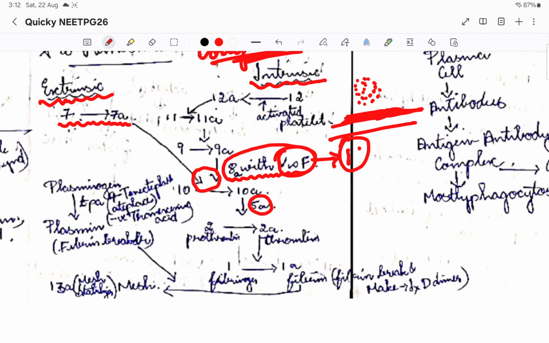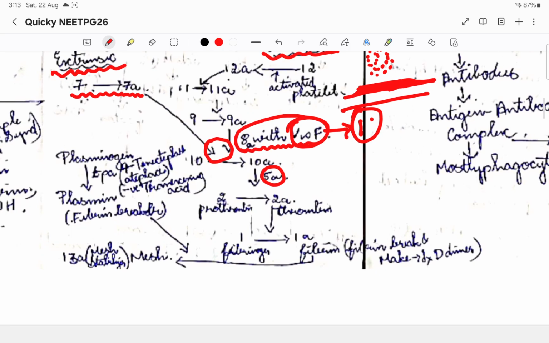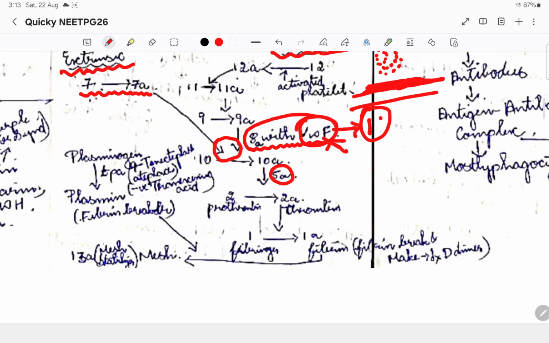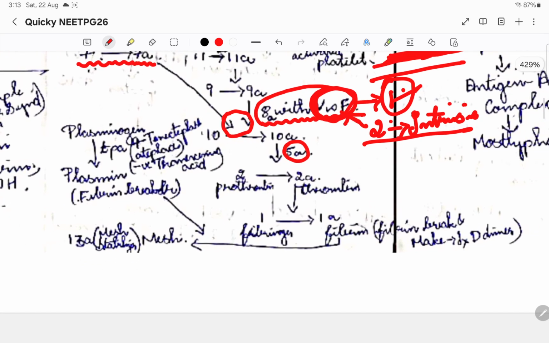So the first thing, as I told you, is von Willebrand factor. If it is not there, it affects both primary hemostasis and also secondary hemostasis, the intrinsic pathway. Secondary hemostasis also gets affected if there is von Willebrand factor disease. Then the other thing is factors 9 and 8.